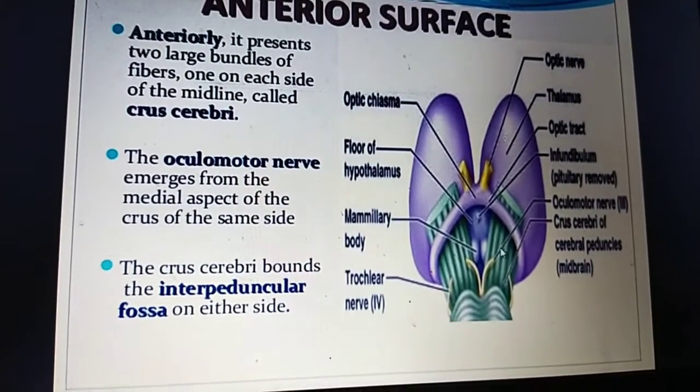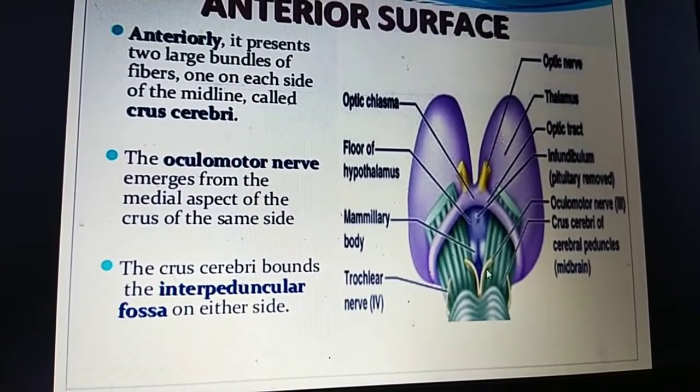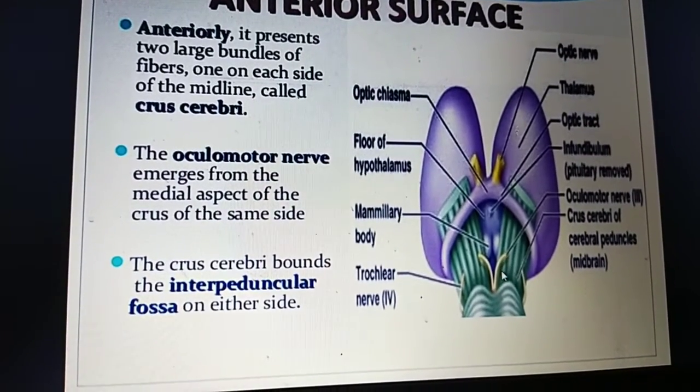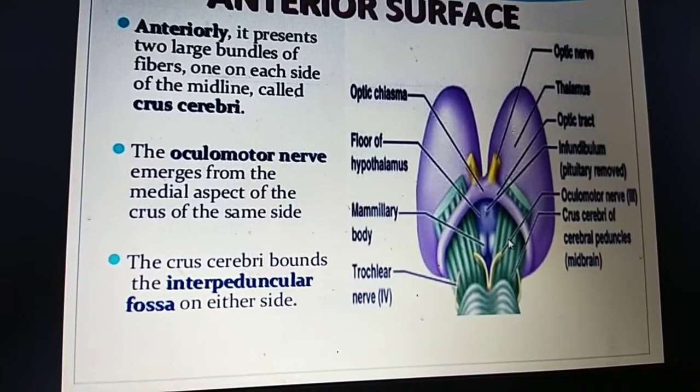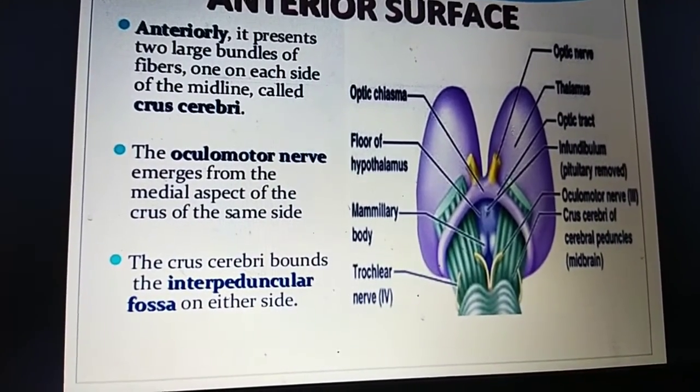You can see these are the crus cerebri. The oculomotor nerve emerges from the medial aspect of the crus of the same side. The crus cerebri bounds the interpeduncular fossa on each side.